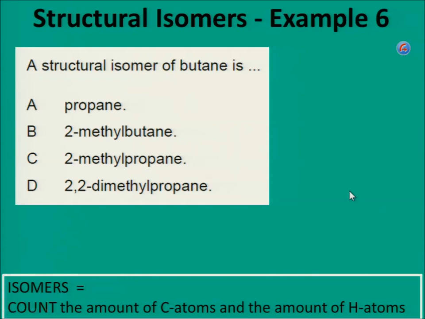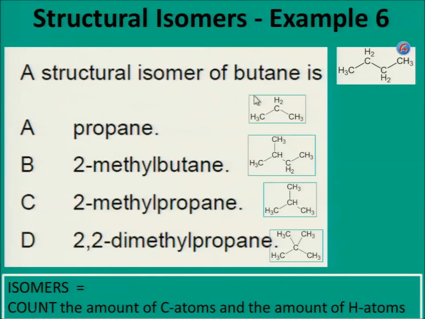Example 6. A structural isomer of butane is propane, 2-methylbutane, 2-methylpropane, or 2,2-dimethylpropane. So the easiest way to solve this problem is to draw these structures. Butane. It's got 1, 2, 3, 4 carbons.